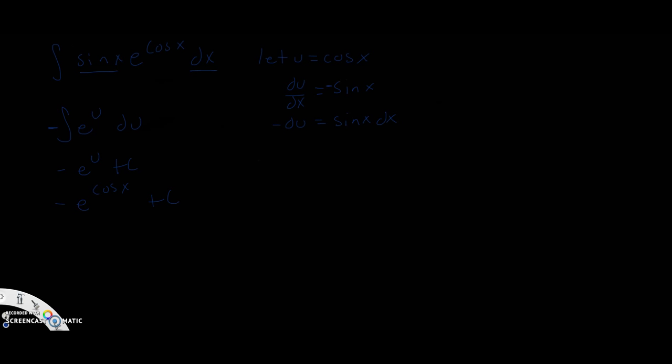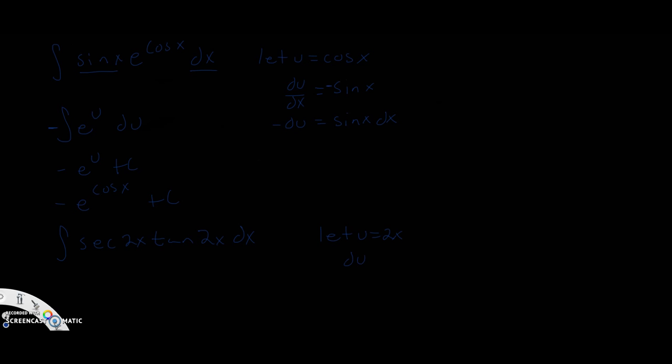Okay, so now we're going to do another one of these, and then I'm going to have to clear out some room. So now if you have secant 2x tan 2x dx, I would probably let u equal 2x.